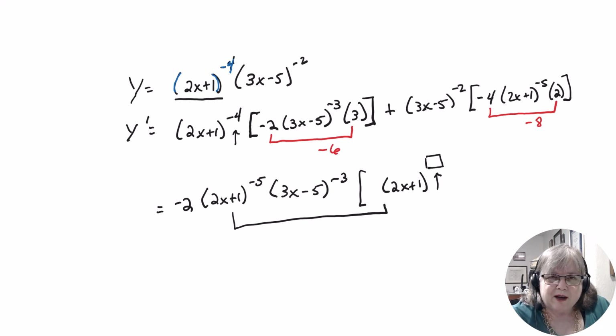So what would I have to add to negative 5? Because remember, a base raised to a power times the same base raised to a power, you write the base down and add the powers, right? So what would I have to add to negative 5 to get to negative 4? It would be a 1, correct?